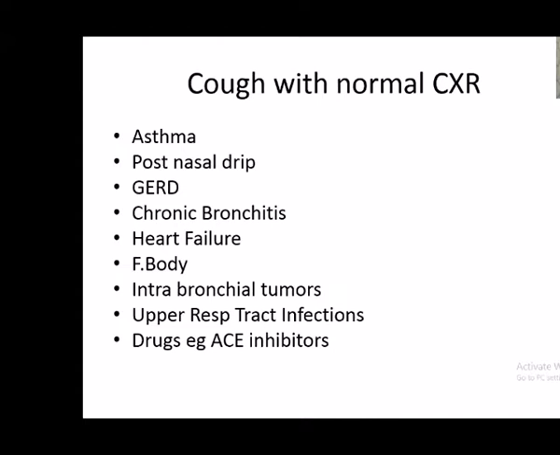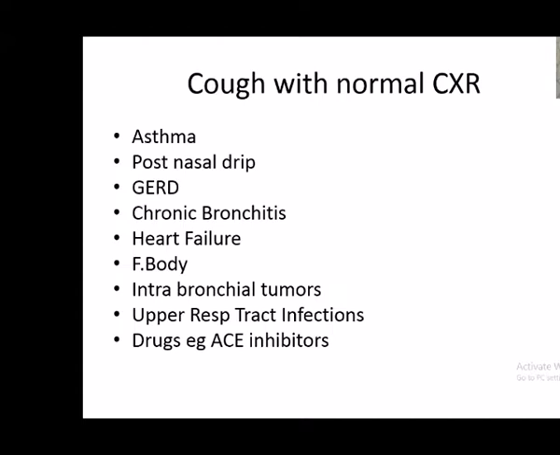So 80 to 90% of the causes are these three. So whenever you have a cough, get a chest X-ray. If it is abnormal, then your line of investigation goes to the abnormality visible on the chest X-ray. But if it is normal, then you should look for asthma, postnasal drip, and GERD.